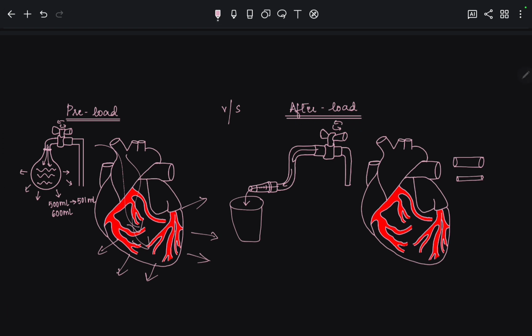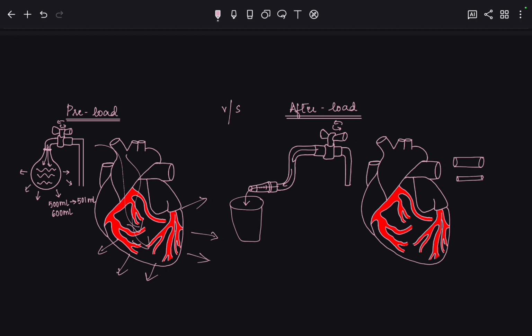Whereas afterload is not the intrinsic ability of the heart, rather it is dependent on the vascular system of the organism. Let's say the organism has all the blood vessels constricted. If all the blood vessels are in vasoconstriction, the blood vessels will be like this, and this will offer a greater amount of resistance to the flow of blood. Therefore, the heart will have to pump with greater force, and thereby the afterload will increase.